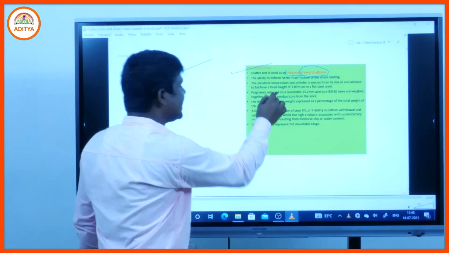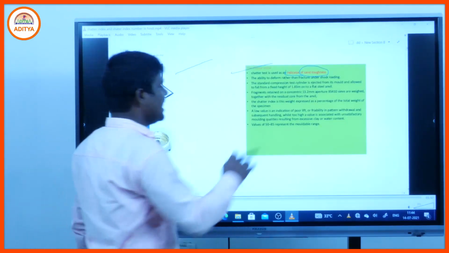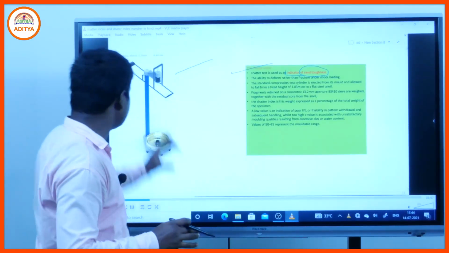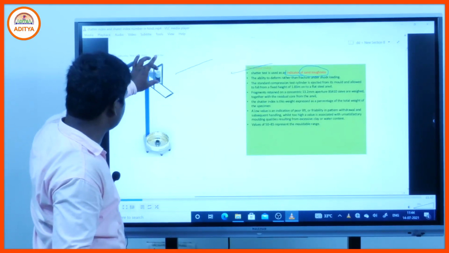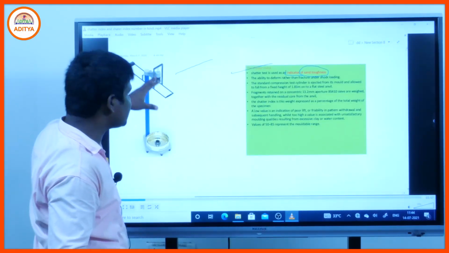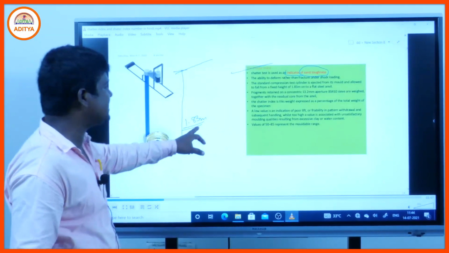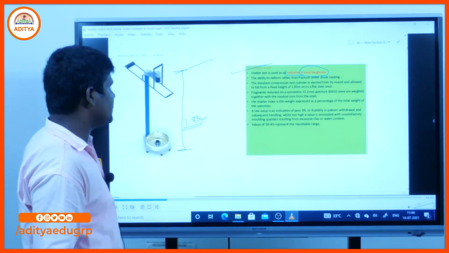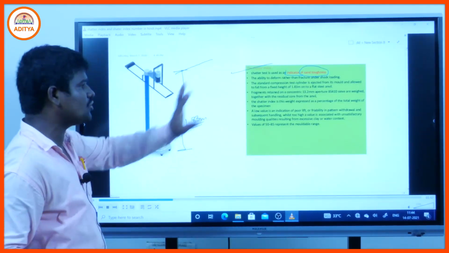So we take the standard compression test cylinder, and we take the test specimen and keep it in that position. The height from that position to that position is 1.83 meter, and the sieve mesh size is 13.2 millimeter.